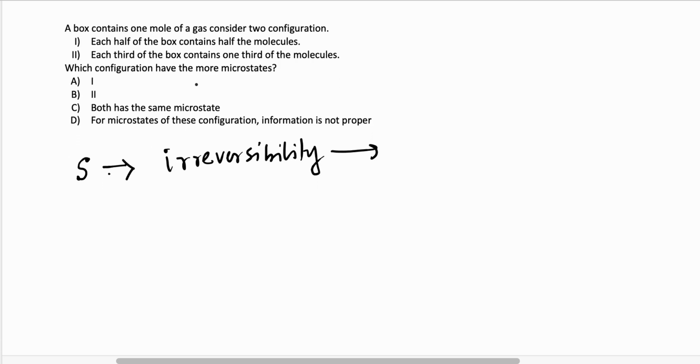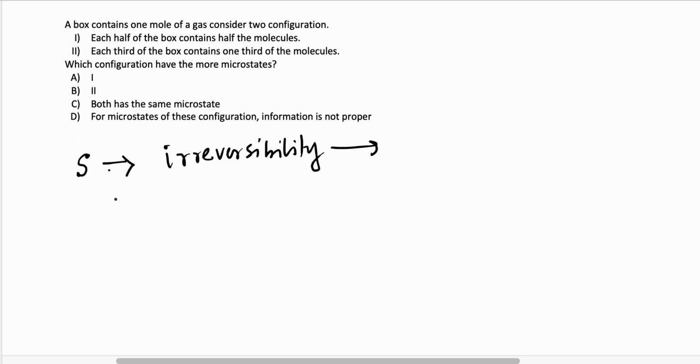Now Gibbs is a very clever fellow. He said, suppose you have a box of the same ideal gas. Now suppose I put a boundary there, imaginarily, between the whole gas.